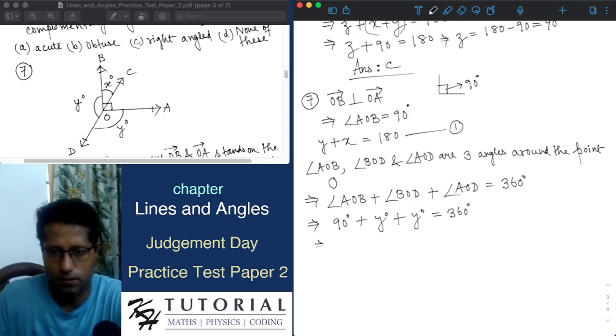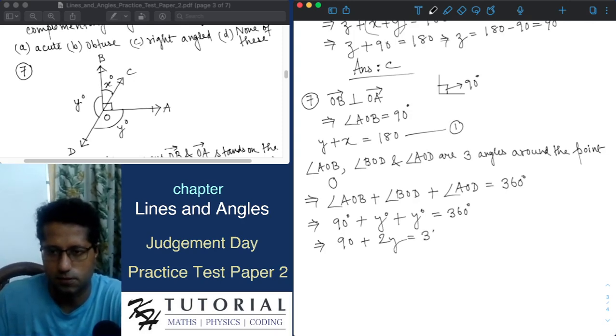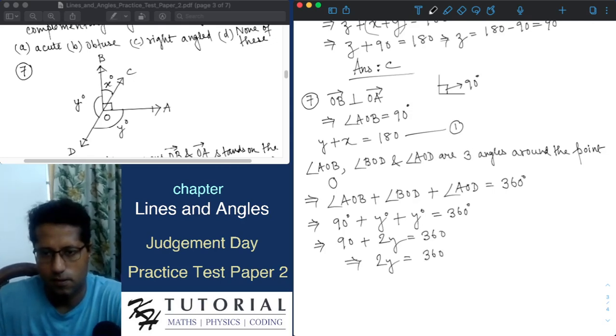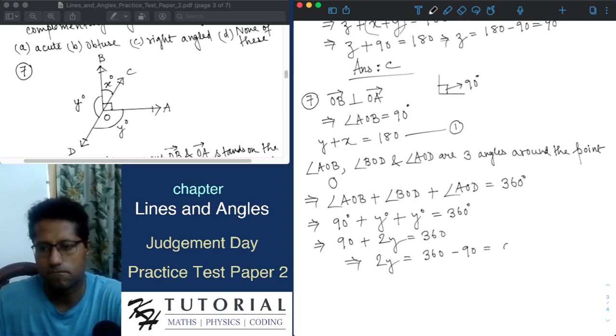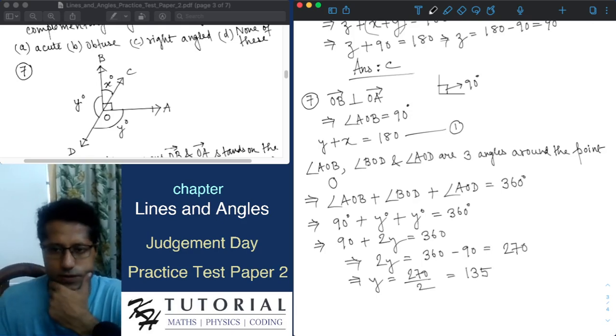Now if I ignore the degree, we have 90 plus 2y equals 360. This implies 2y equals 360 minus 90, which is 270. This implies y equals 270 by 2, which is 135. Y is 135 degree.